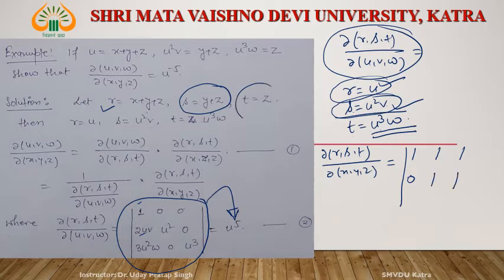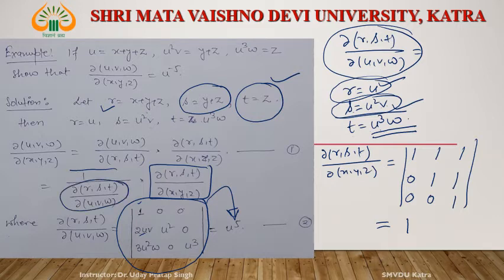Now ∂t/∂x, no term of x, 0. In this, t is related to z only. ∂t/∂y, 0. ∂t/∂z, 1. Right? What is this determinant? 1. Then this thing is 1 and this one is u to the power 5. Therefore, this is 1 upon u to the power 5 into 1. Right? So this is equal to u to the power minus 5.